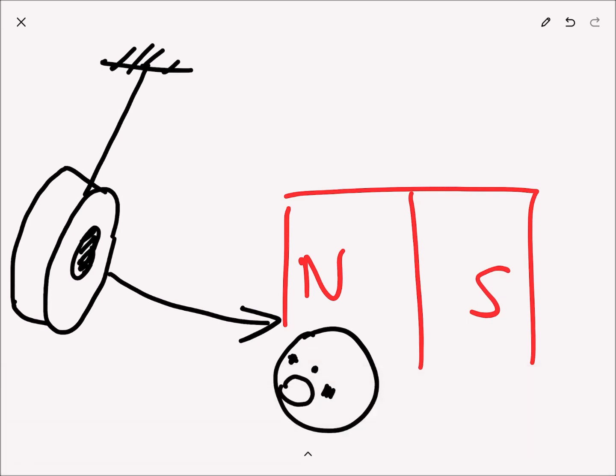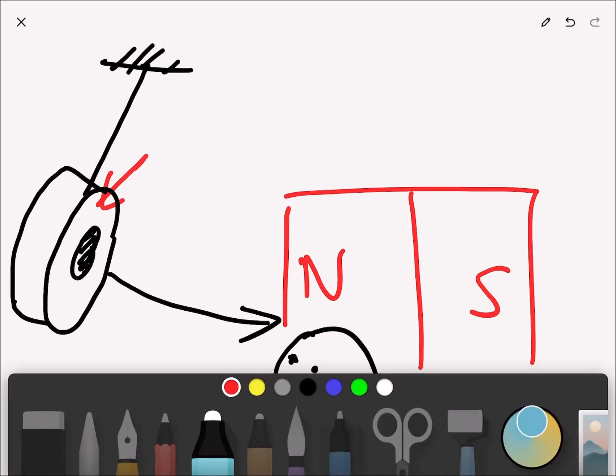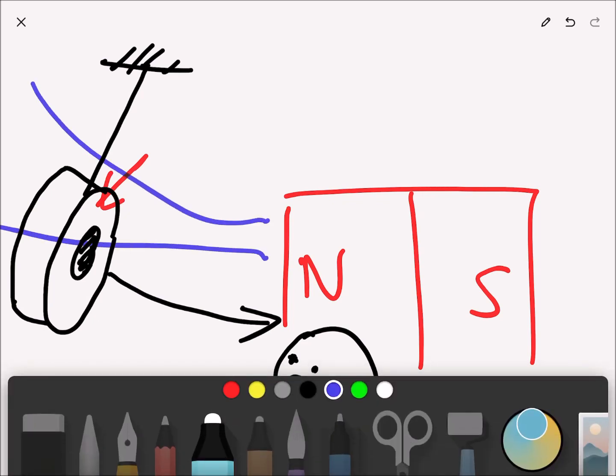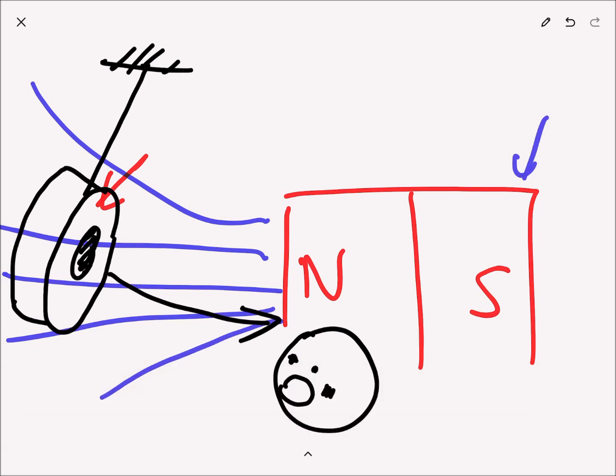When the copper ring is swinging towards the magnet, this copper ring will experience an increase of magnetic flux linking to the permanent magnet.